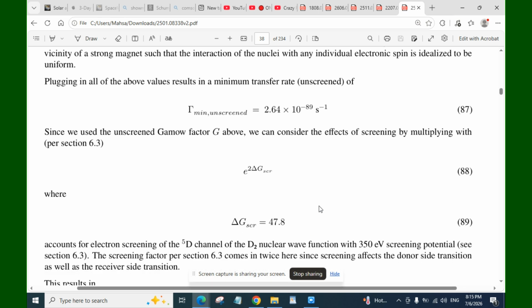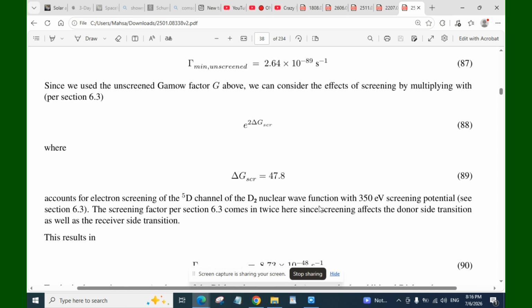Plugging in all of the above values results in an unscreened minimum transfer rate of tau minimum unscreened is equal to 2.64 multiplied by 10 to the power of minus 89 multiplied by s to the power of minus 1.